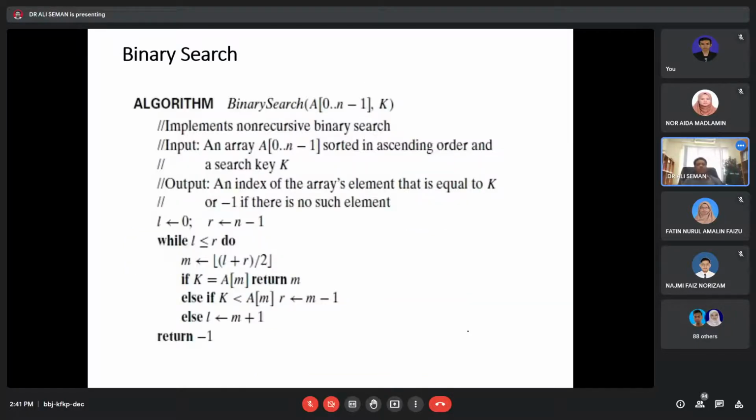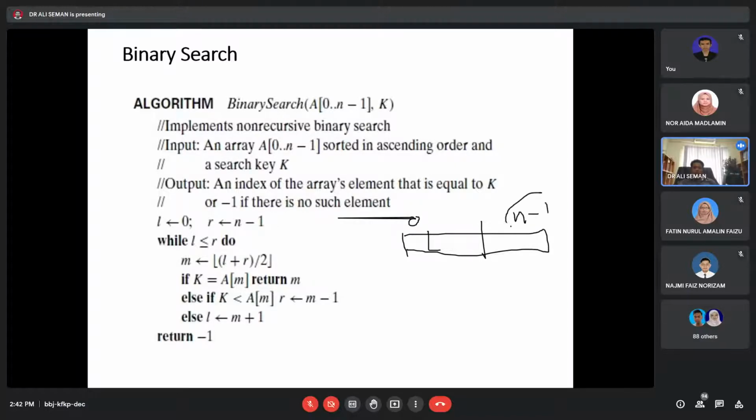Based on the real algorithm example, we have binary search to relate to this design strategy 2. Binary search is under searching. For sequential search, we have to go through all the elements in the array, from 0 until n minus 1.